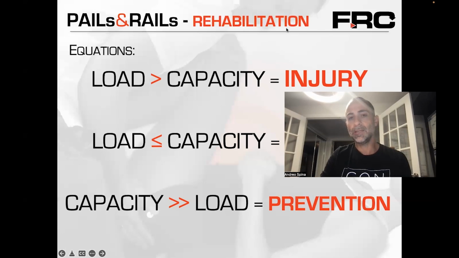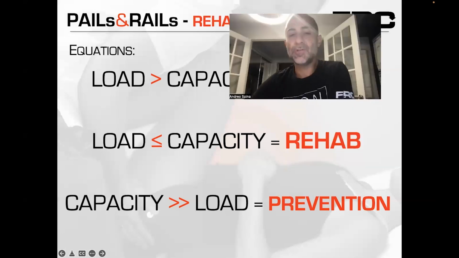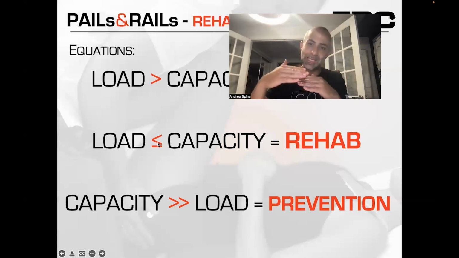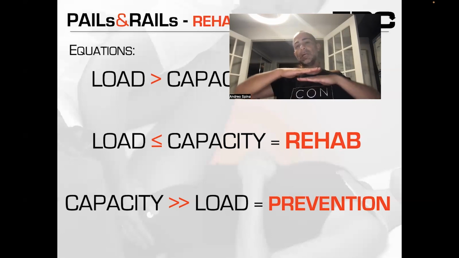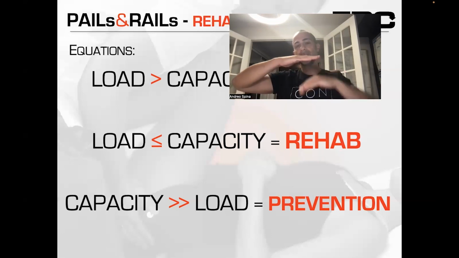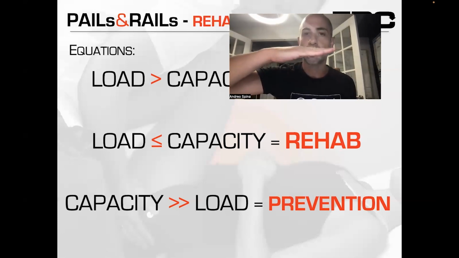When you're in the rehabilitative process, you have to be sure to establish what the new load-bearing capacity is for that injured tissue. And then you want to select loads that are less than but approaching equal to that capacity, such that rehabilitation will be able to bump up the load-bearing capacity back to the level that it was before.